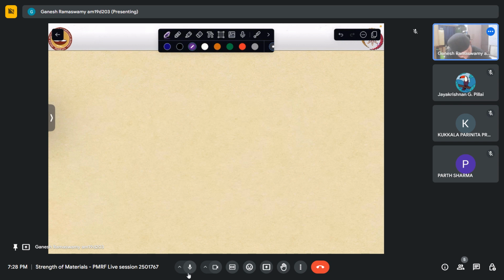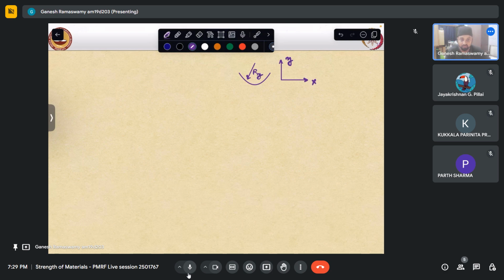So in the, if this is the XY plane, so here this is positive curvature, and let this be the radius of curvature.